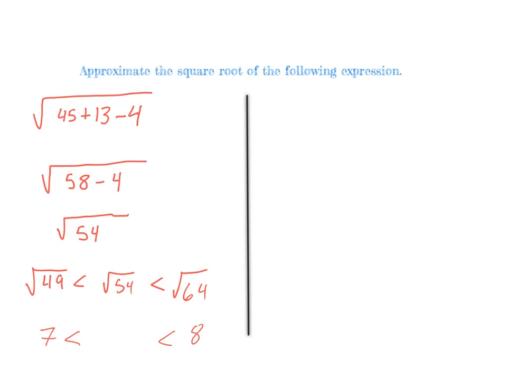And now the difference between 49 and 54 is going to be 5. And the difference between 49 and 64, that is 15. So you know that our answer is going to be somewhere around 7 and 5 over 15. So it should be somewhere around 7.3.